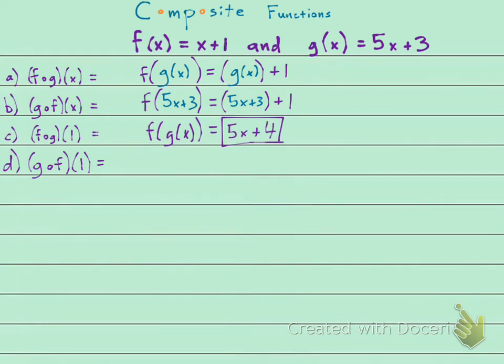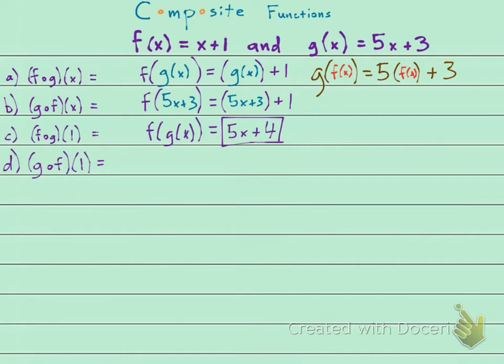Now, let's find the g of f of x. So let's go to brown. I want the g of x, which is 5x plus 3, and what do I want the g of? I want the g of f of x. So that's going to be 5 times the f of x, plus 3.